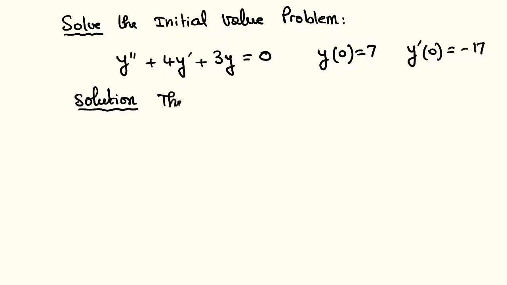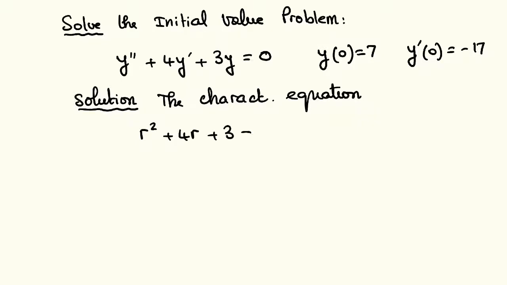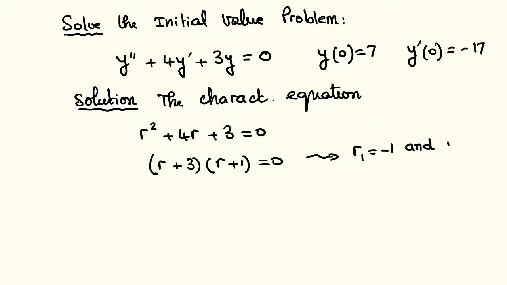So the characteristic equation is r squared plus 4r plus 3 equal to 0, which we can factor into (r plus 3) multiplied by (r plus 1) equal to 0, which will give us two real roots, which are minus 1 and minus 3.